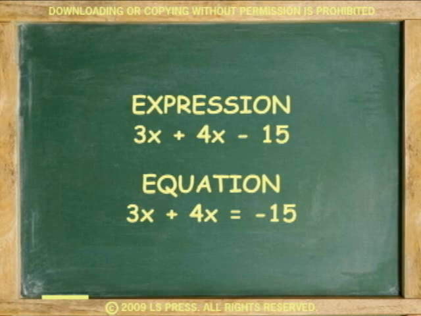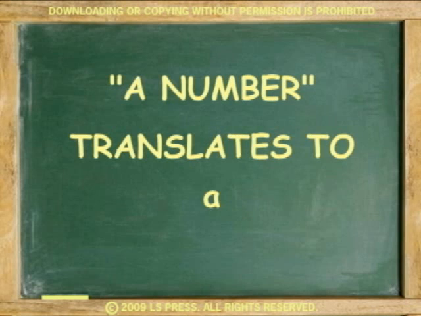By the way, a math expression does not contain an equal sign, while the math equation must have one. Also, the statement, a number, does not specify a quantity. So the English expression, a number, translated to math is X, or any other letter. From page 8 and 9, section 1.1 of the book, we start practice.